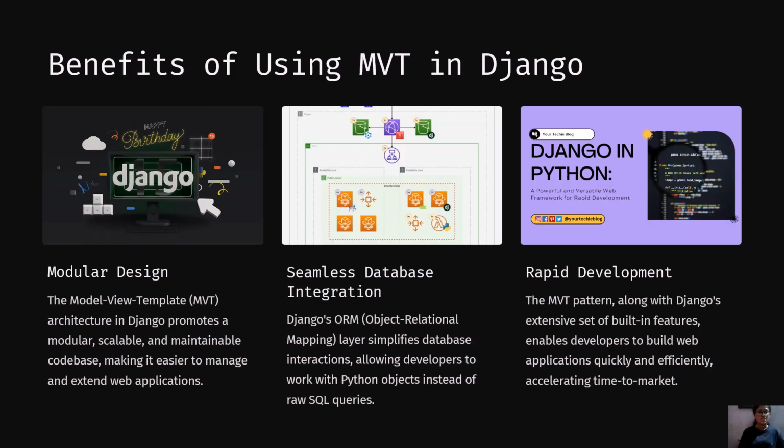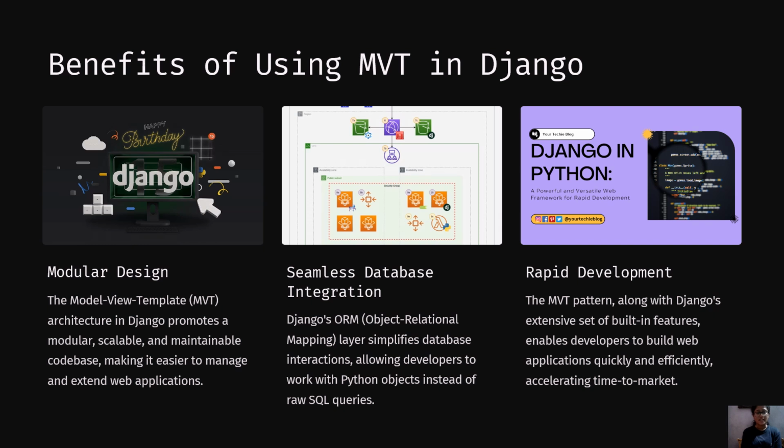So now let's discuss the benefits of using MVT in Django. Modular design: MVT architecture in Django promotes a modular, scalable and maintainable code base, making it easier to manage and extend web applications.